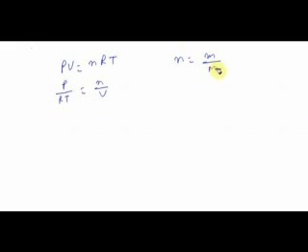So we have from the ideal gas equation PV is equal to nRT. So we can rewrite this equation as P by RT is equal to n by V. Now n is the number of moles of gas. Now n can be written as m by capital M, where m is the mass of the gas and capital M is its molar mass.